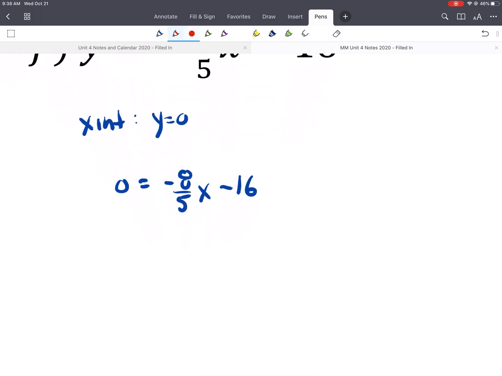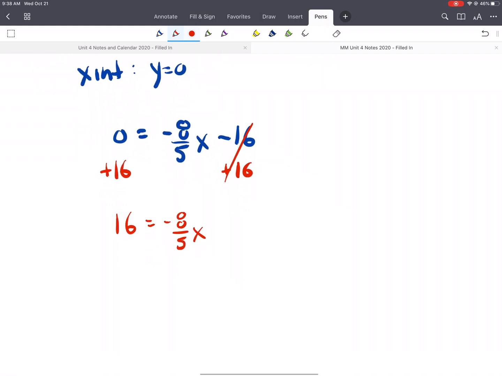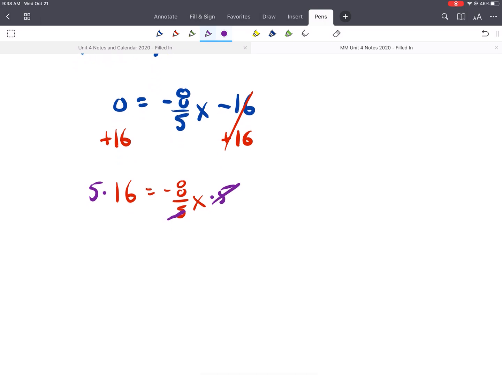So I would probably add 16 to both sides. Okay, and then maybe I would multiply both sides by 5. Cancel out those 5s. So that gives us 50 plus 30.